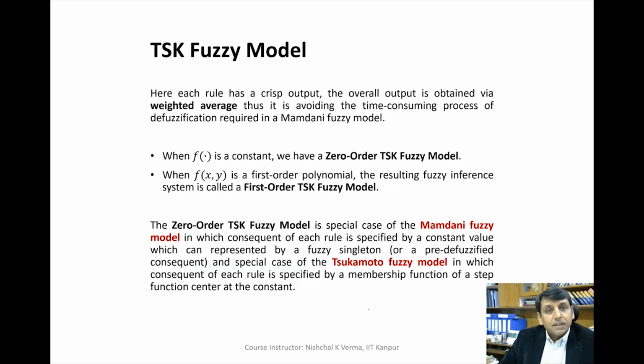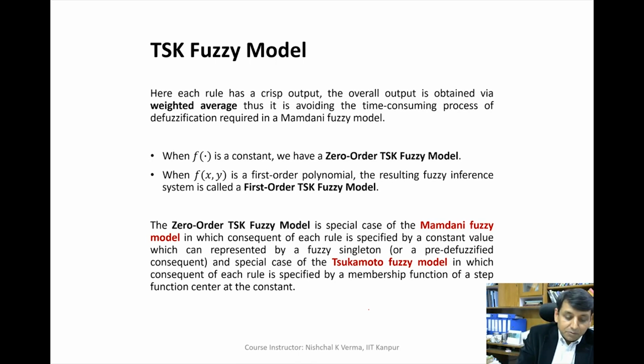Then each rule has a crisp output in terms of f(x, y), as I have just explained. And since every rule is generating some output, the overall output of the TSK fuzzy model, which is characterized by multiple rules, will be the weighted average of these outputs.